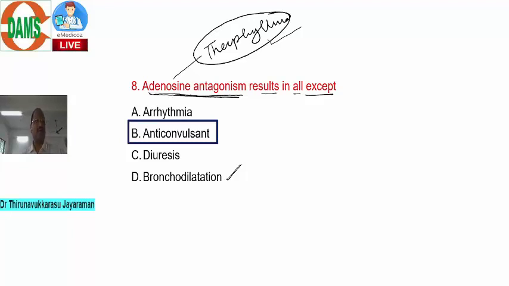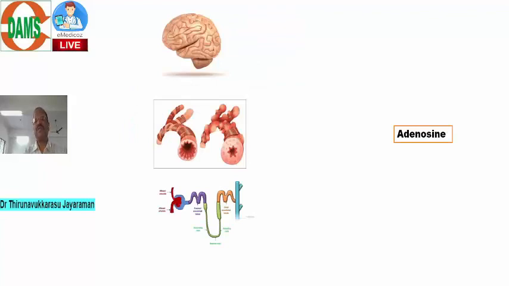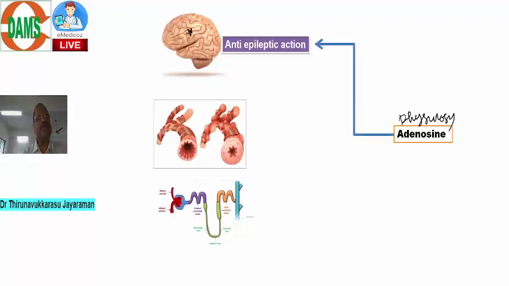So, how to go about it correctly? First, you should know the physiology of adenosine. Then we go for adenosine antagonists. Listen carefully. I'll explain slowly. Look here. First, I'm going to discuss the physiology of adenosine. Actually, adenosine is seen in our body in so many areas. In the brain, adenosine acts as an endogenous anti-epileptic substance.